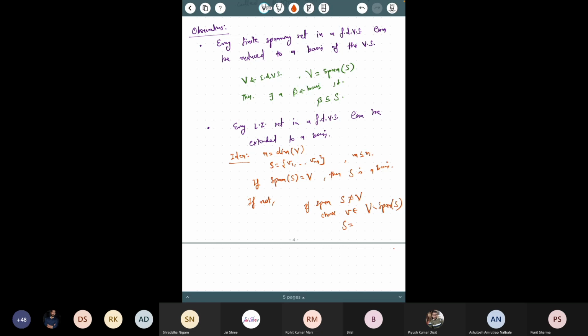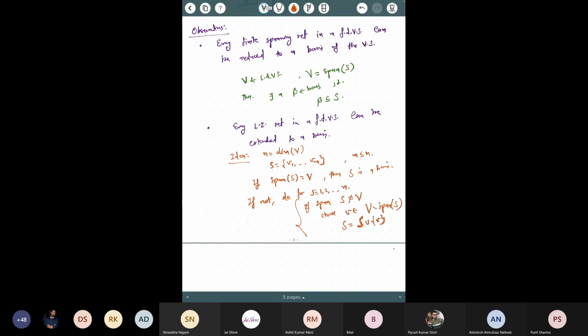Then you include this v in the set S, and let's say you rename it. So the new set is S union {v}, and you call it again S, and you follow this process. So you repeat this for j equal to 1 to n.